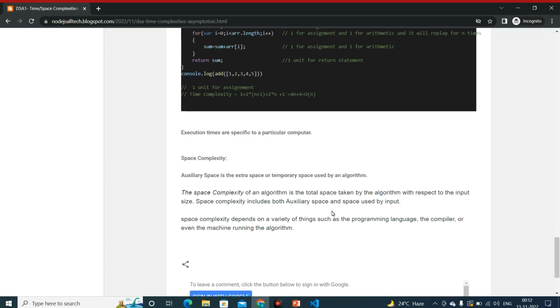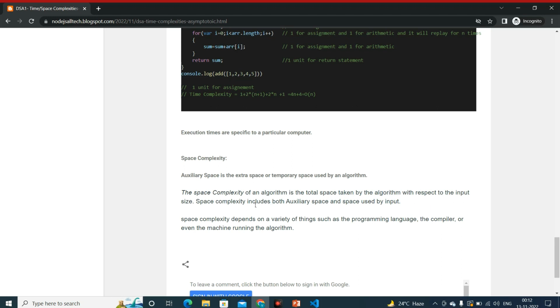And now the last but not least, space complexity. Generally, many people say that auxiliary space is nothing but the space complexity, but it is not like that. Auxiliary space is the extra space or temporary space used by the algorithm, and space complexity of an algorithm is the total space taken by the algorithm with respect to the input size.